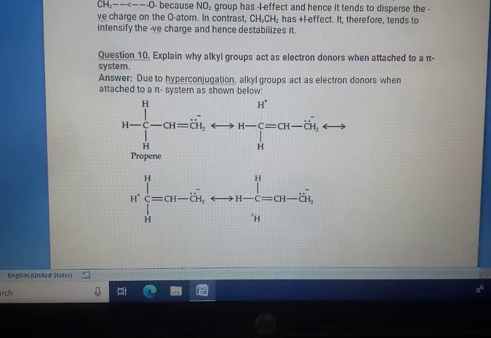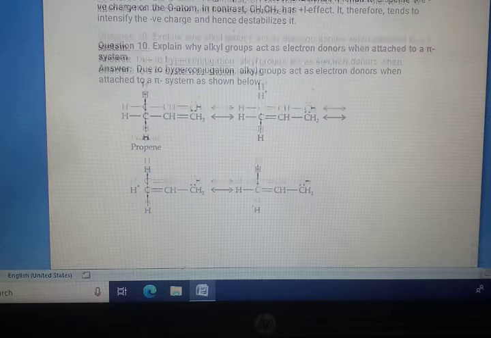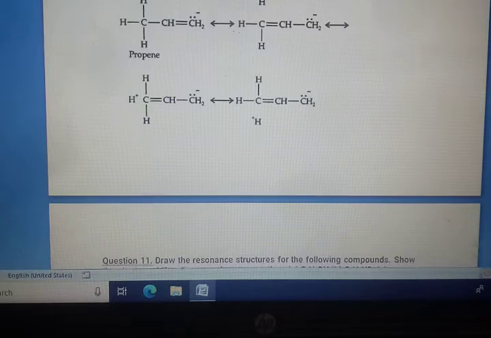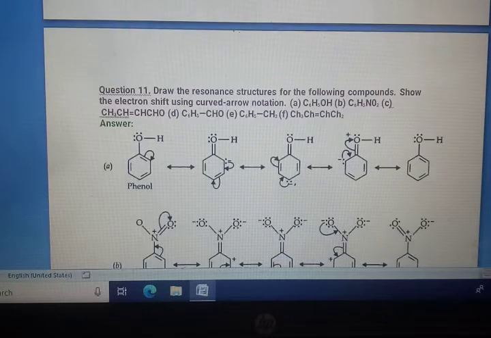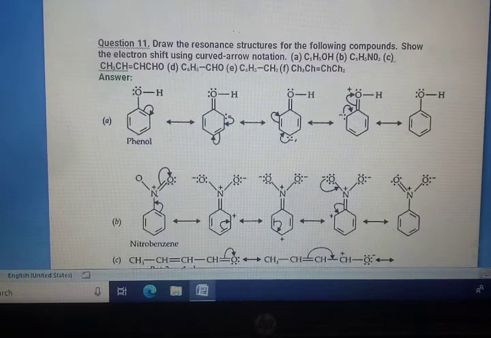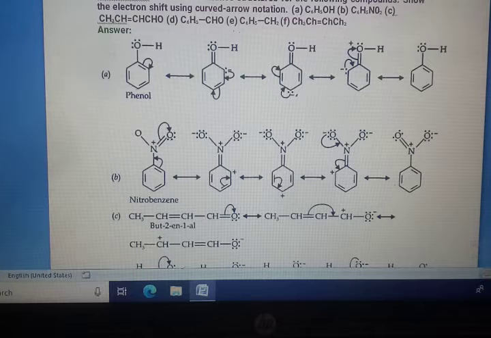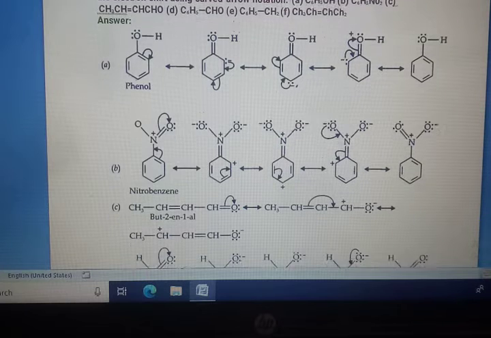So now we are moving towards the next question. Question number 11 is: draw the resonating structure of the following compounds. Show the electron shift using the curved arrow notation. C6H5OH, phenol. For phenol, you have to show the resonating structure. I taught you the plus R effect and minus R effect, both in the resonating structures. As you can see, the nitrobenzene and phenol resonating structures.